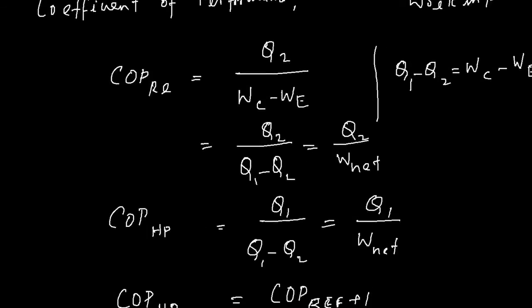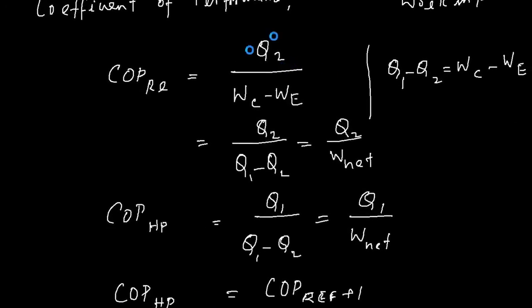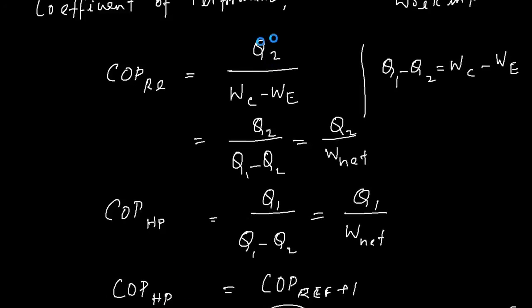For a refrigerator, the desired effect is the heat removed from the low temperature body, whereas for the heat pump, the heat input to the high temperature body is the desired effect. And the work input, because it's an ideal cycle, will be equal to the heat exchange.